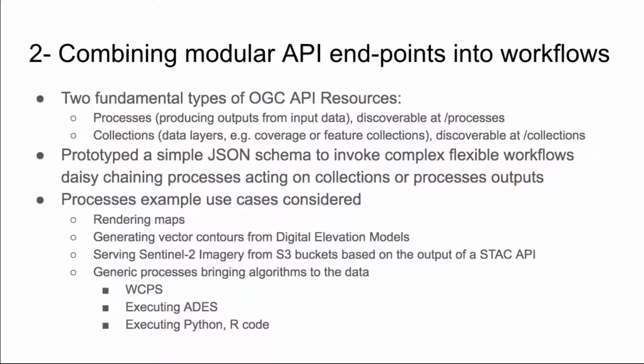So next is what the JSON could look like. Here, at the top level, this document is being posted to a maps process, which is going to return you a map. There are two main sections there.